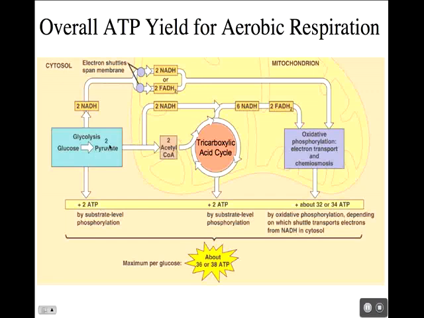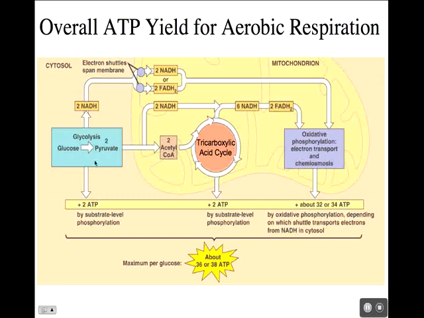The pyruvate then went into the tricarboxylic acid cycle. The tricarboxylic acid cycle for those 2 pyruvates released 2 ATPs. It also produced 8 NADHs, 2 early on, 6 later on, and 2 FADH2s.